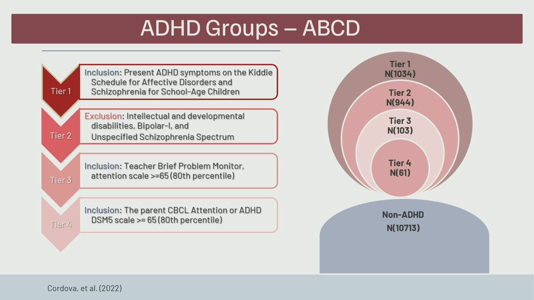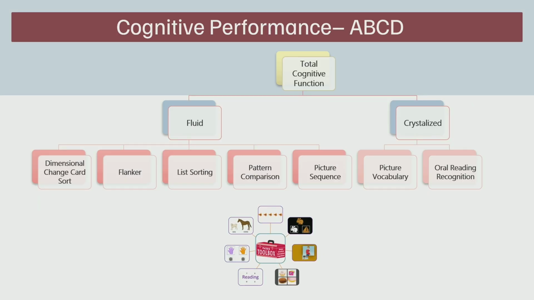So for the ABCD data set, we used Cordova and colleagues' 2022 paper to create the tiers of ADHD. The first tier was based on parent report, present symptoms of ADHD. Tier 2 excluded comorbidities. Tier 3 included the teacher's ratings, and Tier 4 had 2 more additional scales as filters.